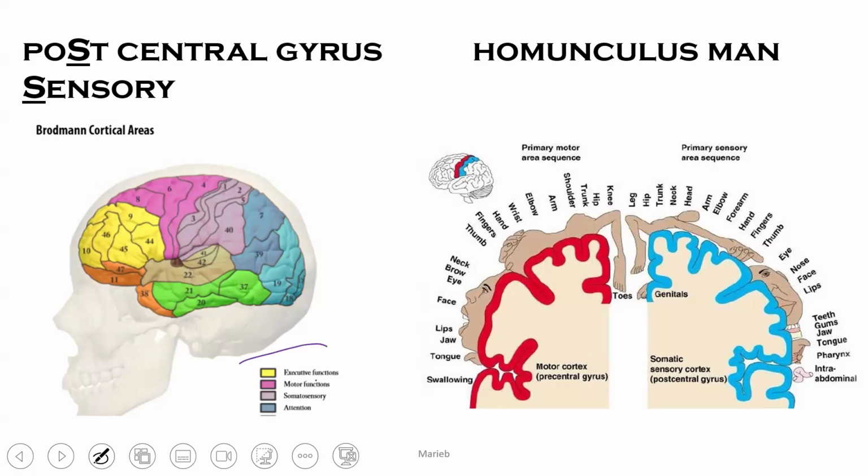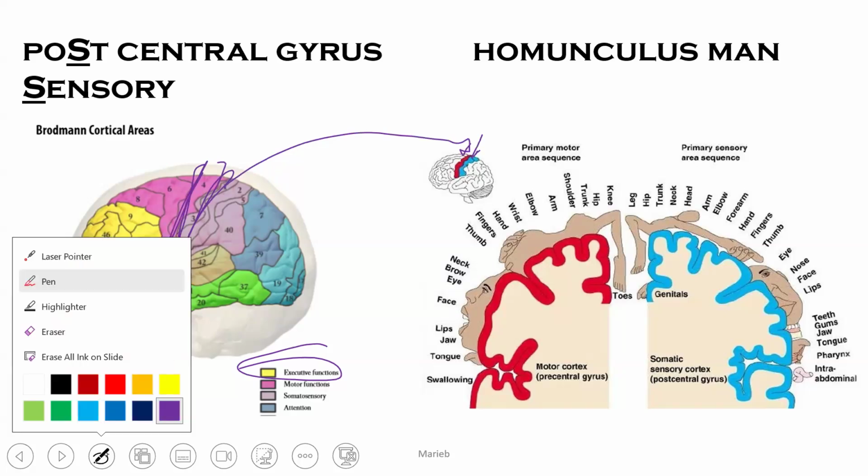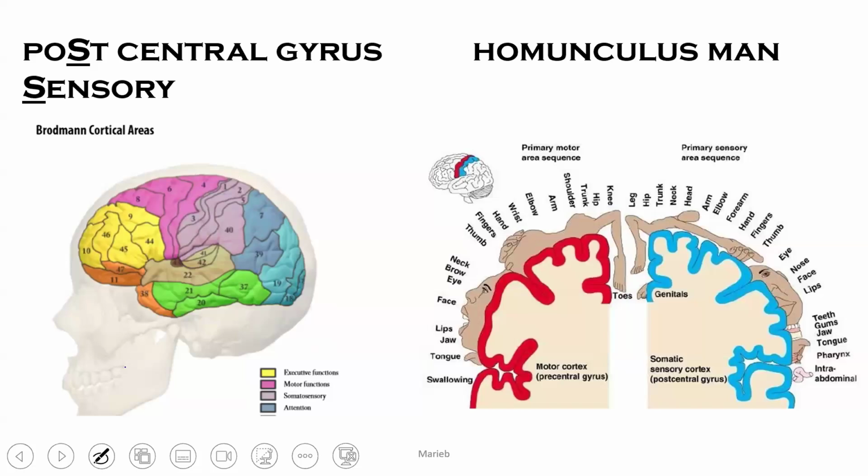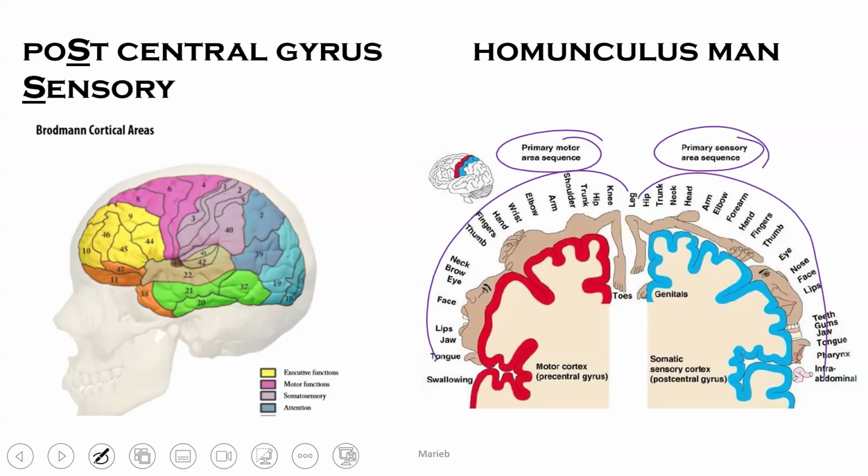Executive function right here is really just who we are as people, how we think, our personality, things like that. And this area right here and this area right here are over here, and you can see they kind of flip it around. This is the motor area, this is the sensory area, and we call this the homunculus man. See the person in here?